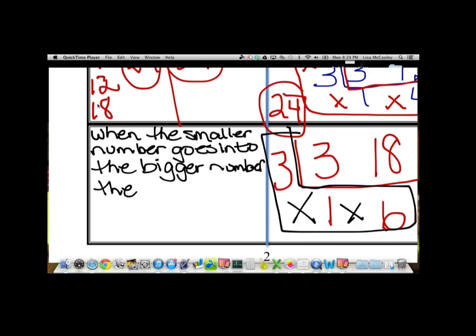That's a trick or a hint. I'm going to give you one other hint too. I'm going to give you a chance to write that down. And then when you're done, I want you to add another sheet of paper because there's another hint that I can give you to make LCM even easier.